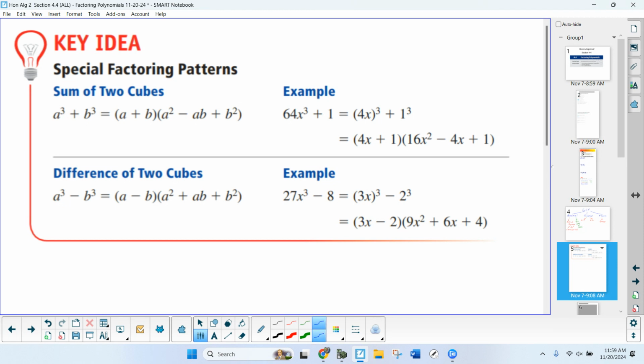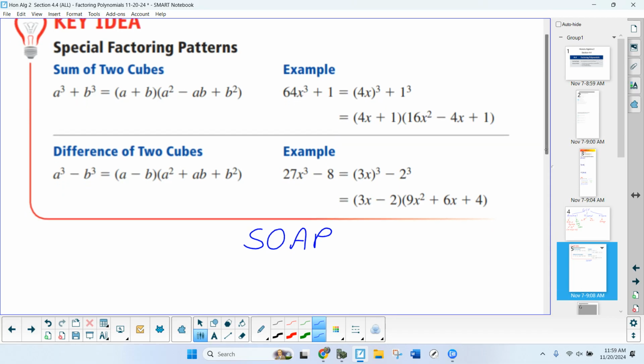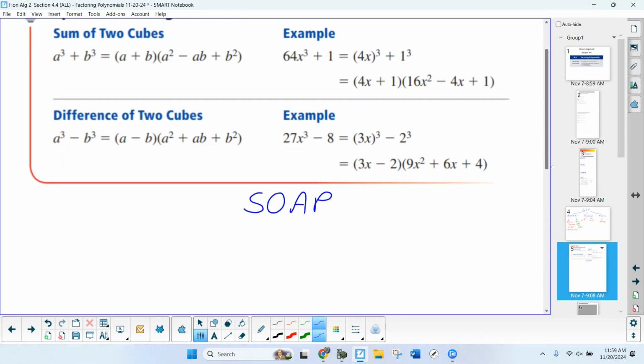There's an acronym called SOAP. And SOAP stands for same, opposite, always positive.